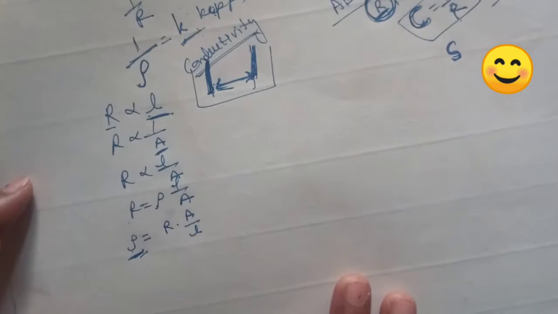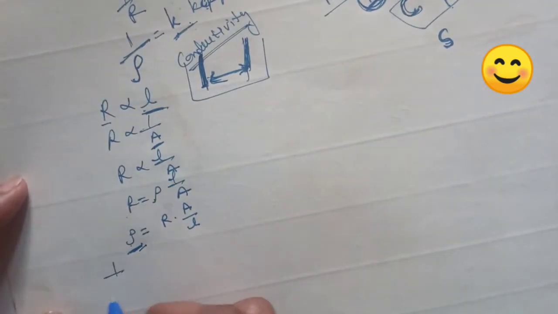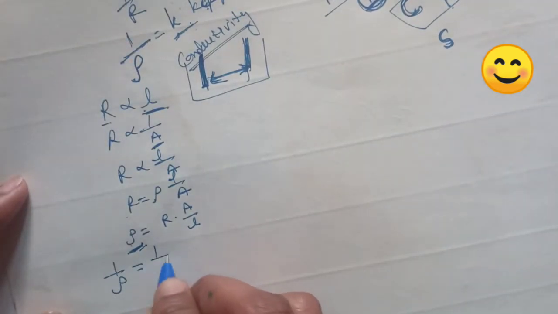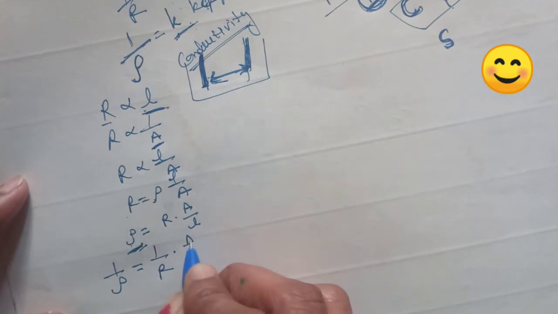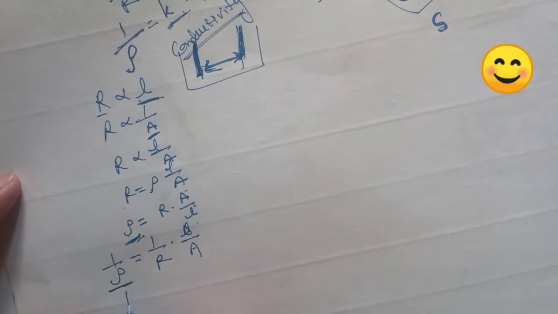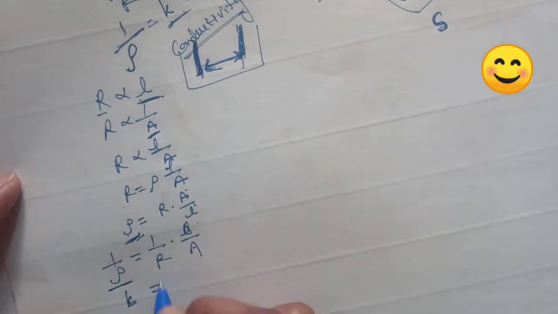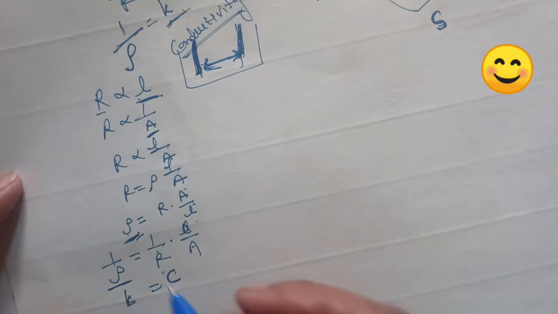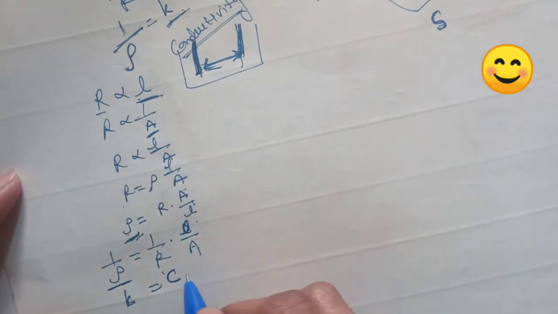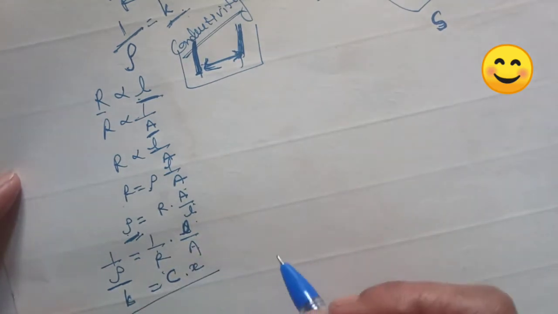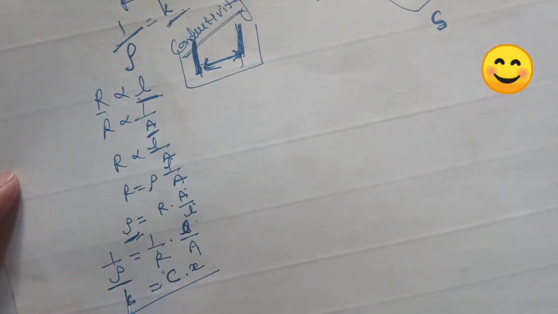Now we take the reciprocal of rho, which is 1 upon R into L upon A. This is kappa, this is C, and the ratio of L and A is known as X, the cell constant. So specific conductance or conductivity equals conductance into X, where X is the cell constant. Clear?